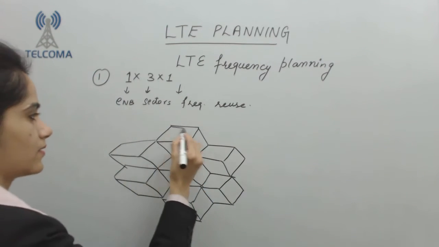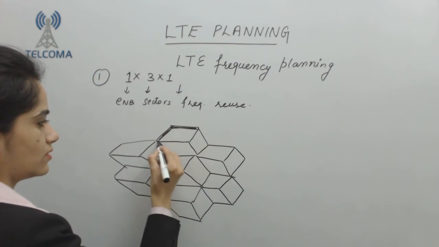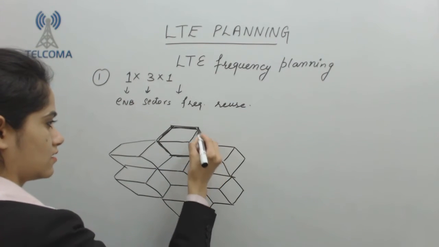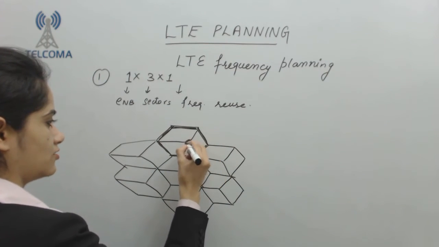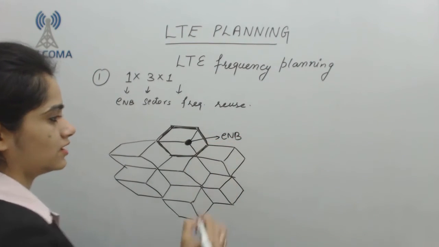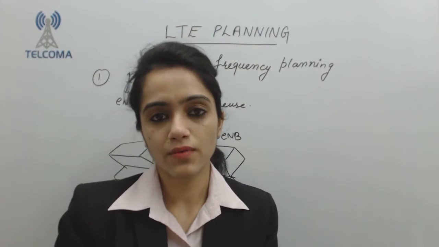For eNodeB, I'm highlighting only this cell. Here I have one eNodeB. This will be my one eNodeB and 3 sectors. Now I need to give a frequency.